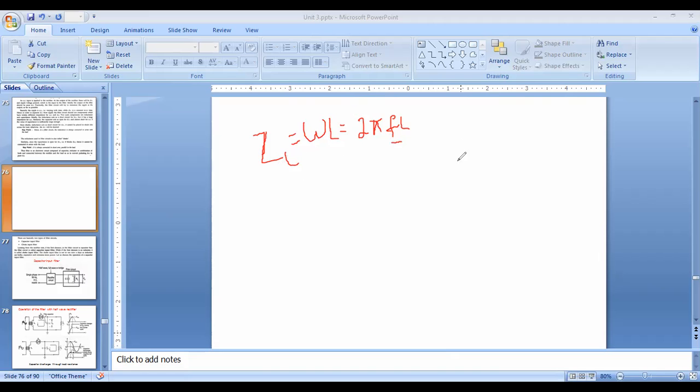So the impedance of the inductor coil changes depending upon the frequency component.